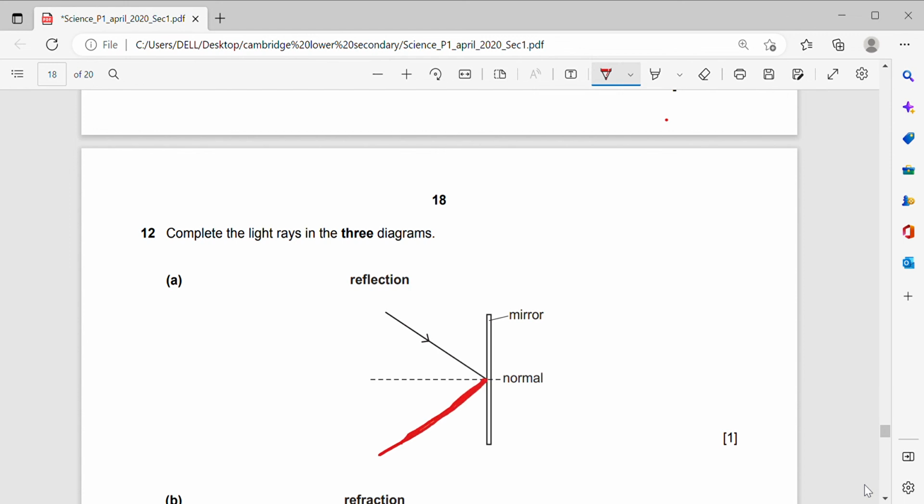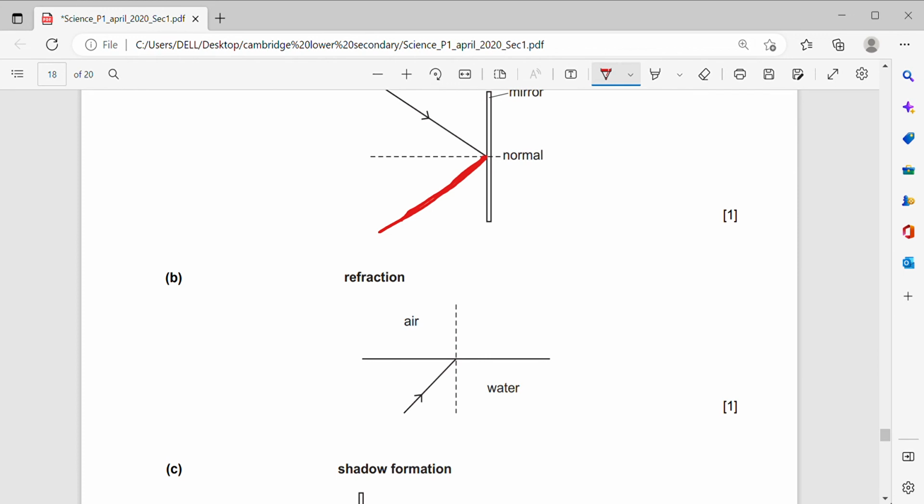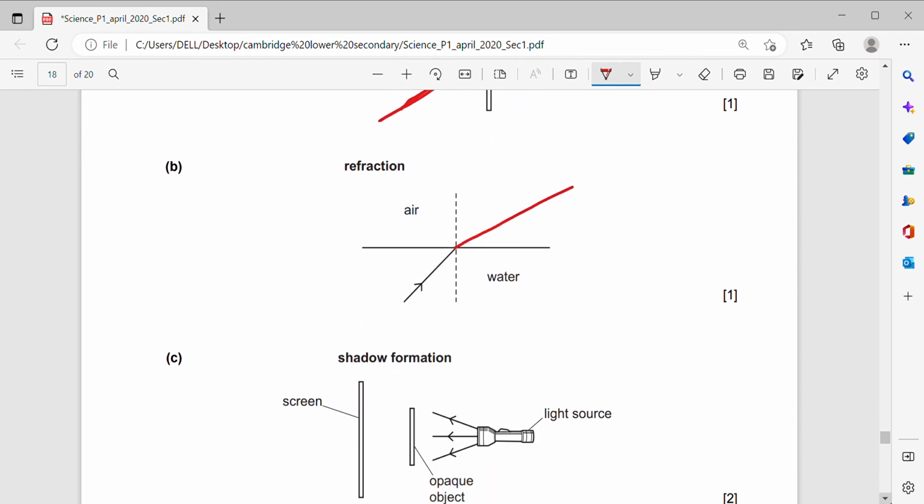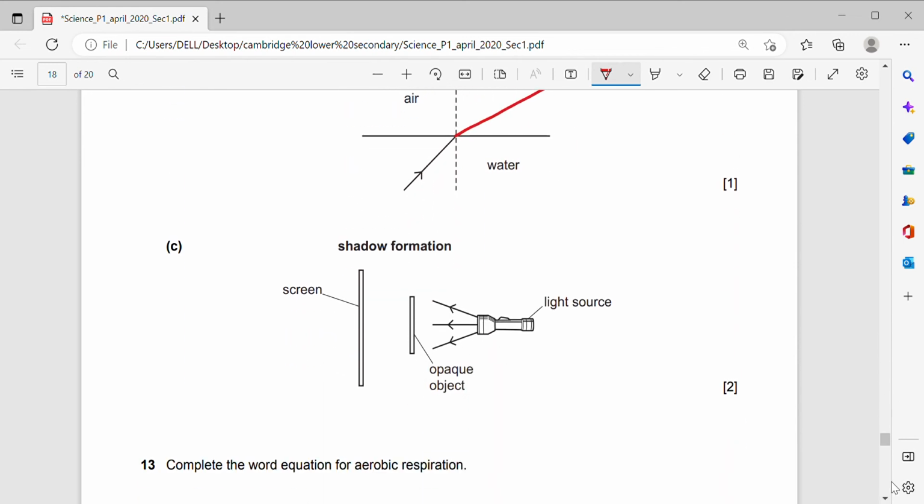Okay. Regarding refraction, this is refraction. The last one, shadow formation. This is an opaque object, so we can draw this here. Here we can draw this way, and this one should be like that.